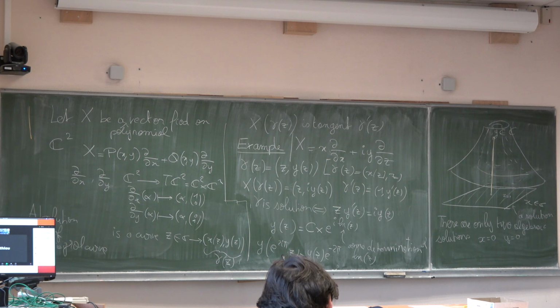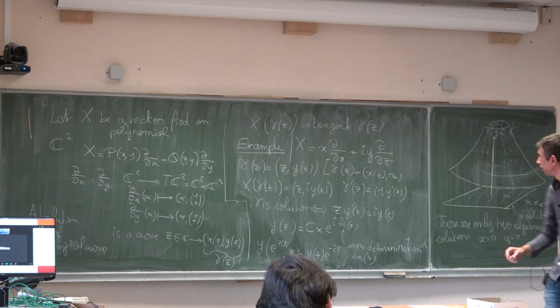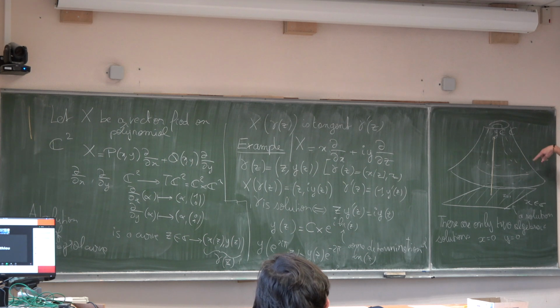And all other solutions are not algebraic. And you can see it quite easily the following way. Why are these Riemann surfaces, or complex curves, not algebraic? Imagine that I draw this line, which would be the line x equal to 1.